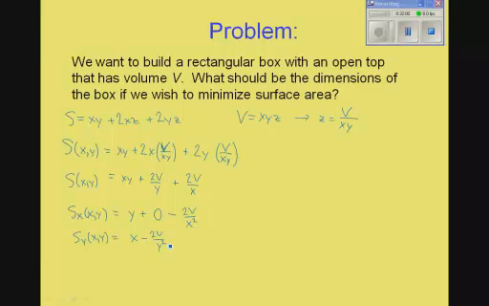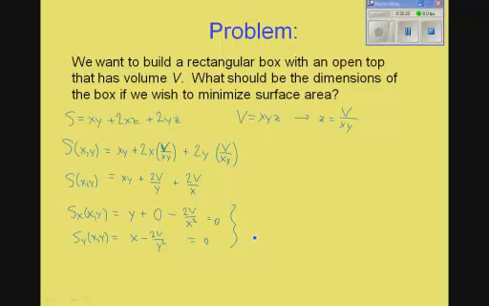Okay. So we want to set these each equal to 0. I have a little system of equations to solve. And I guess the question is, how do I solve it?